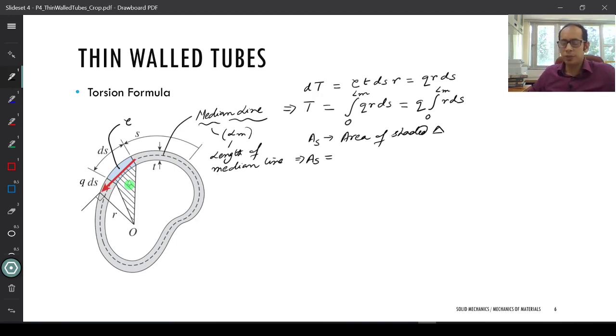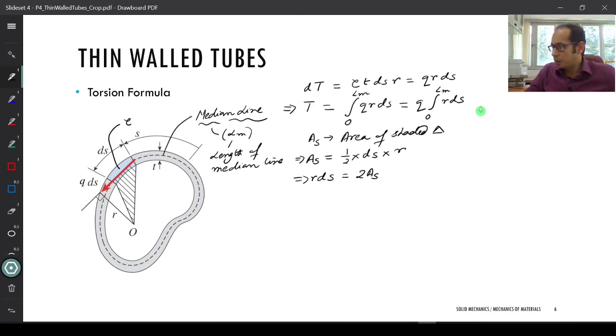As is going to be half of the base times the altitude. We know that that's the area of a triangle. It is going to be half times ds times r. So r ds, which is essentially what you have over here, is equal to 2 times As.